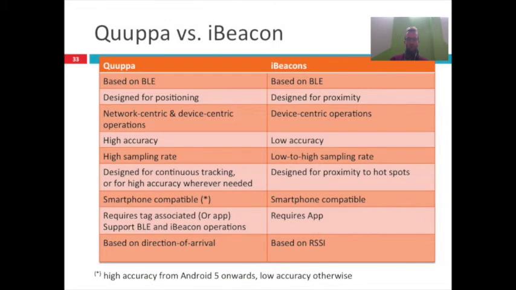Both are smartphone compatible. However, Kupa requires a tag to be associated or an app, and iBeacons require an app. They are based on different methods for estimating position in indoor environments. iBeacons use the received signal strength indicator, as we have seen before, whereas Kupa uses direction of arrival.